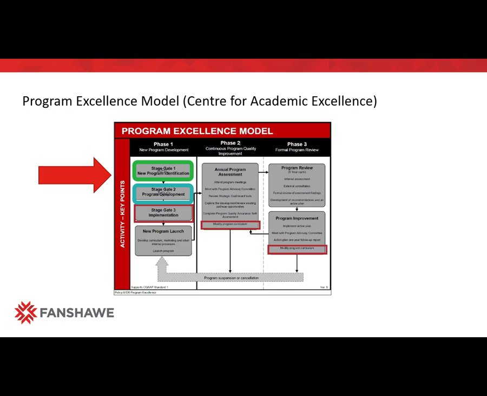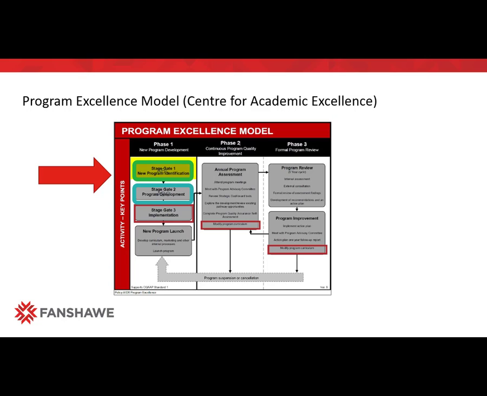Fortunately, most of the heavy lifting during Stage 1 of the ADDIE model has already been completed during Stage Gate 1 of the Program Excellence Model by the Center for Academic Excellence at Fanshawe College. The Program Excellence Model guides the development, continuous quality improvement, and formal review of all academic programming at the college.